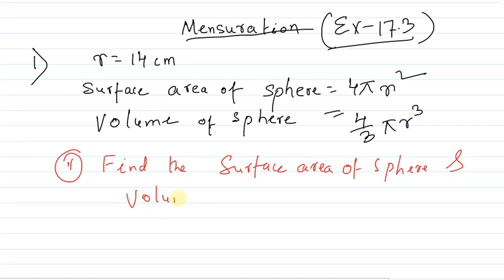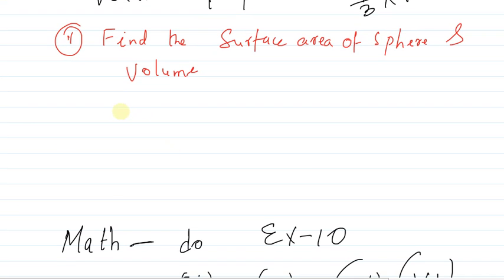All right. So what is the formula for surface area of a sphere? Tell me. Please write here: 4 pi r square. Surface area of a sphere.